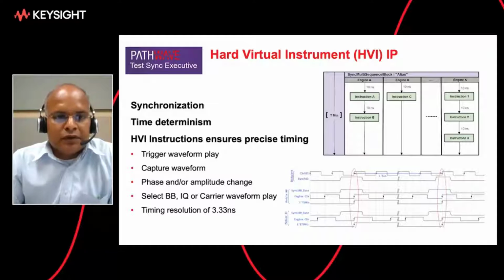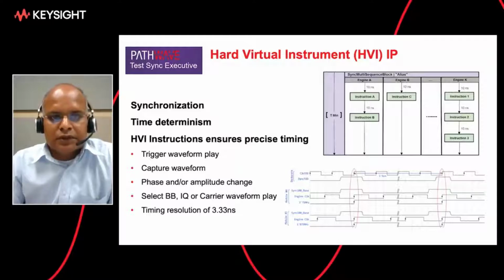It can do phase or amplitude change at a very precise time as per the time set up in the script, and it can change the output to the baseband, or it could be IQ modulation, or it could be a simple carrier frequency transmission.